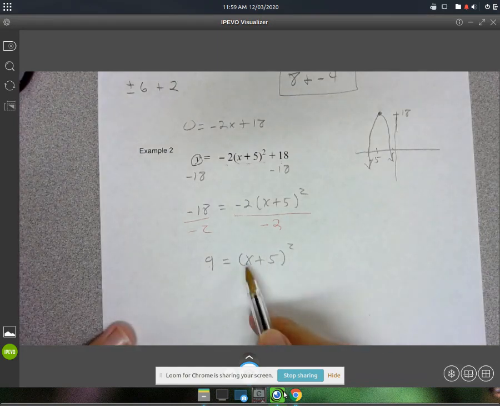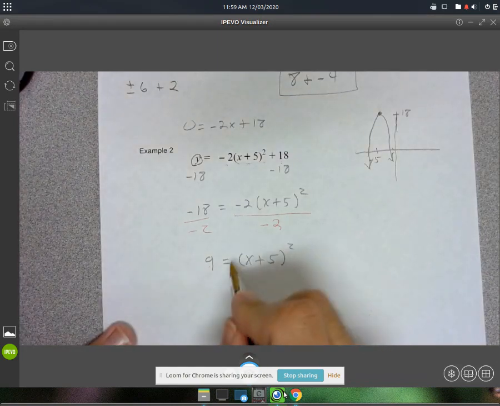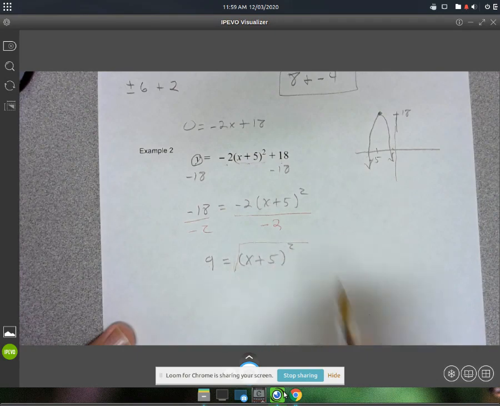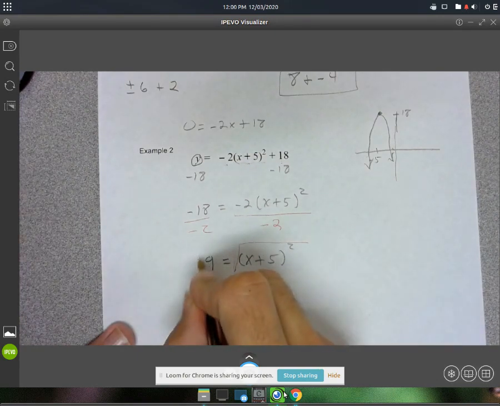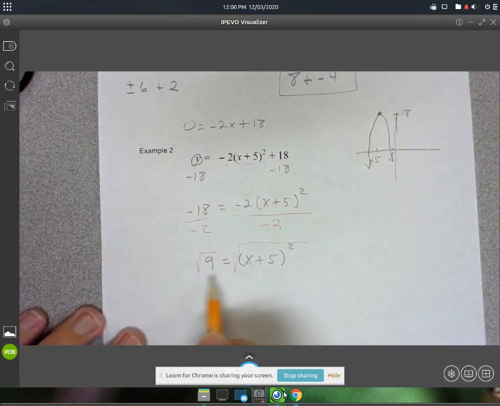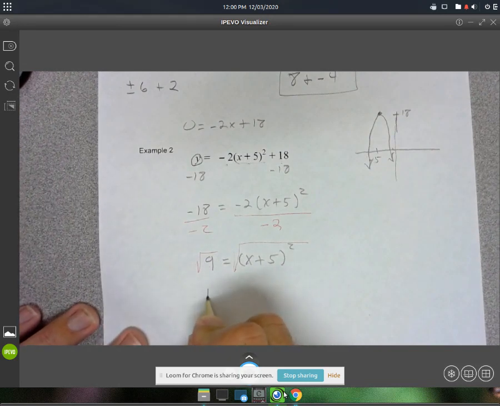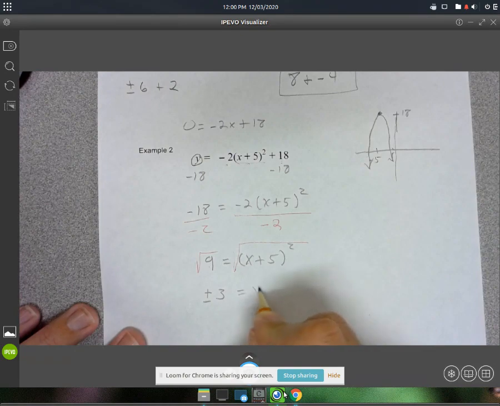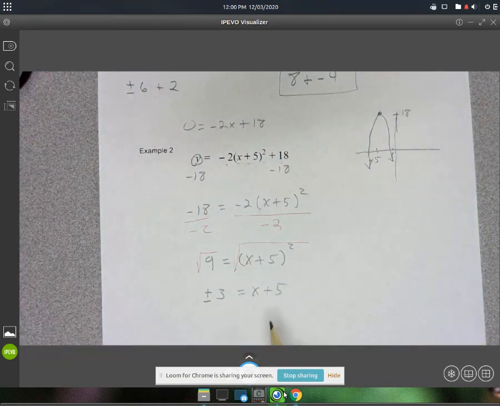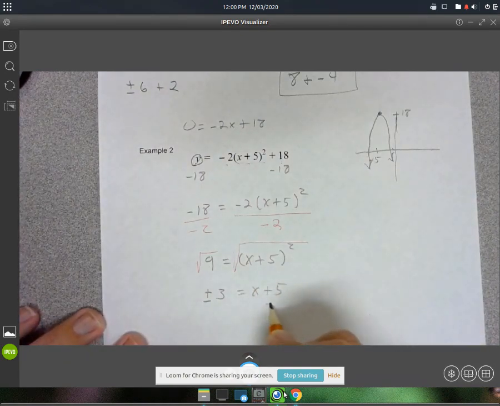We've got all of this squared, so to solve that, we're going to square root both sides. Square root of 9 is going to be plus or minus 3, and that's equal to x plus 5. Then you just minus 5 from both sides.